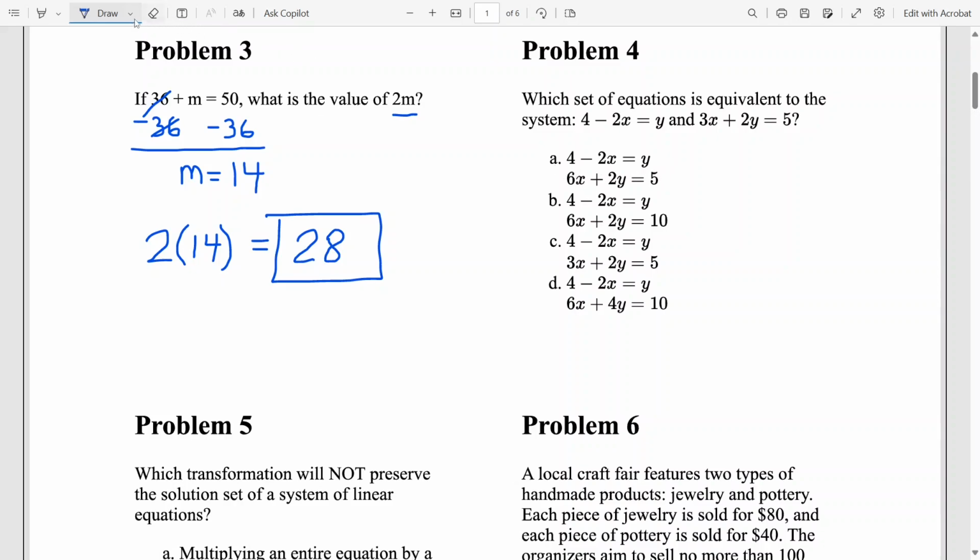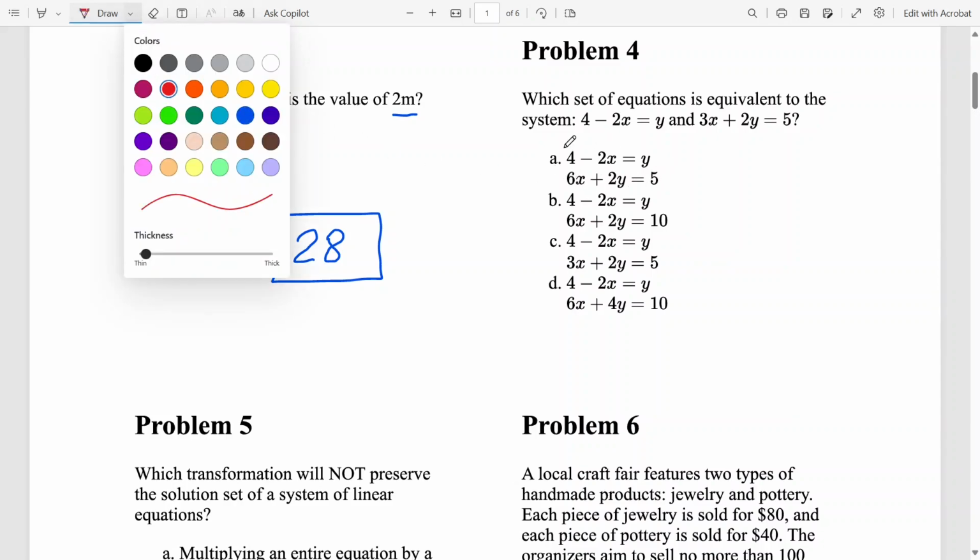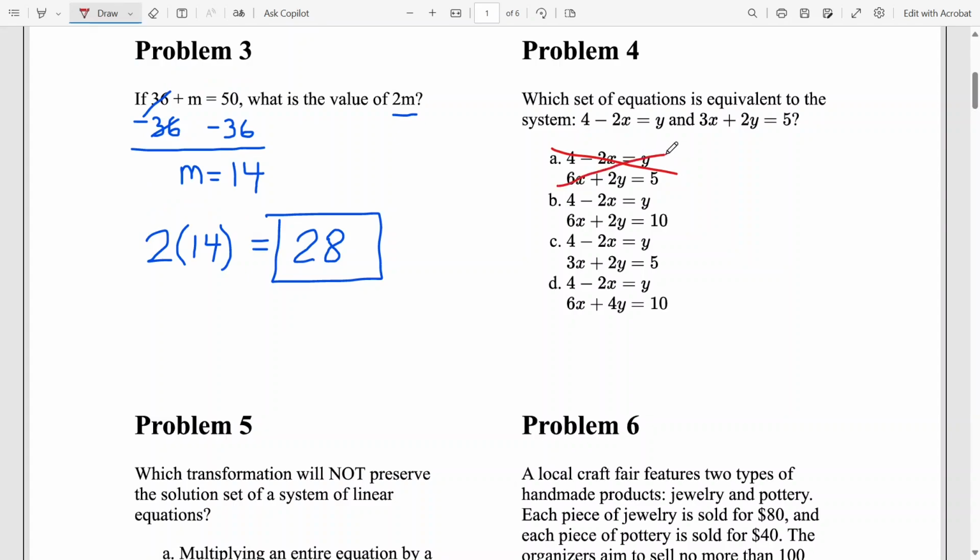So let's eliminate that equation. That's not going to work. Okay, next one we have 4 minus 2x equals y, so this is the same. 6x plus 2y equals 10. So we multiplied the coefficient here 3 by 2, but not this one. We multiplied the constant 5 by 2, but again, not this one. So nope.